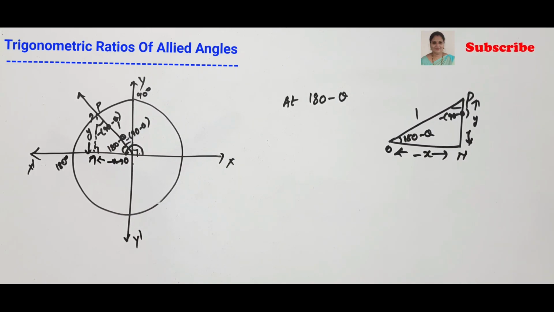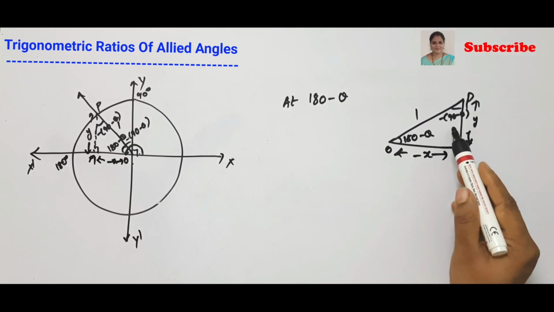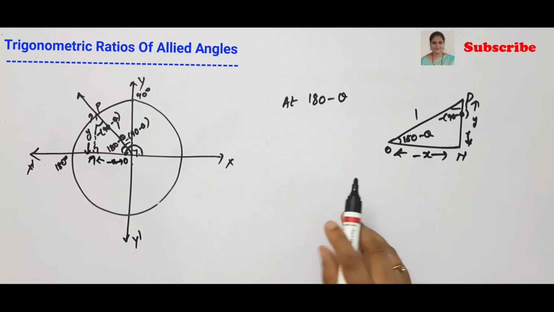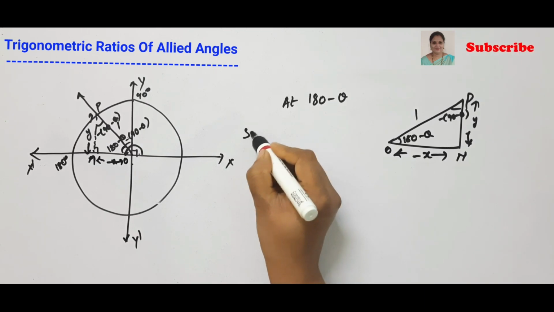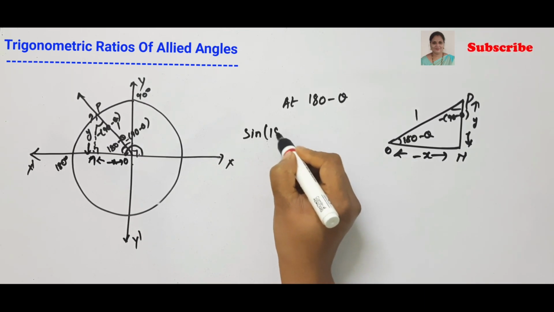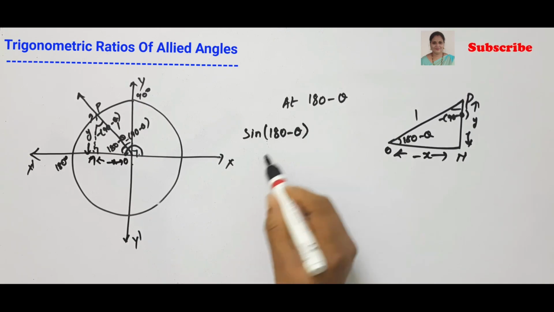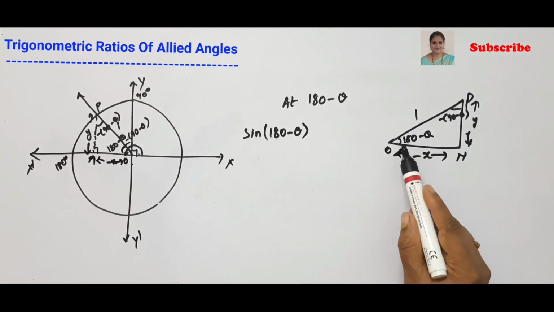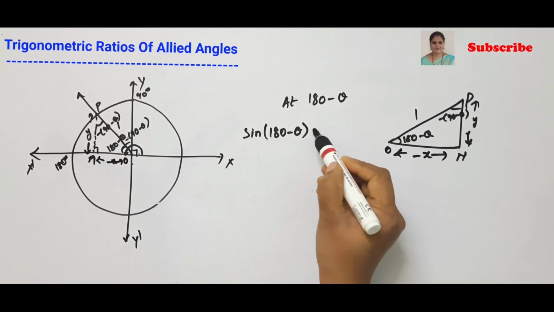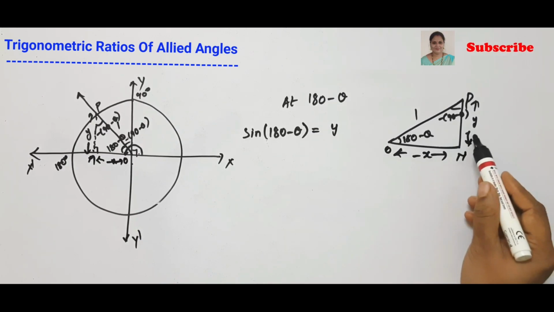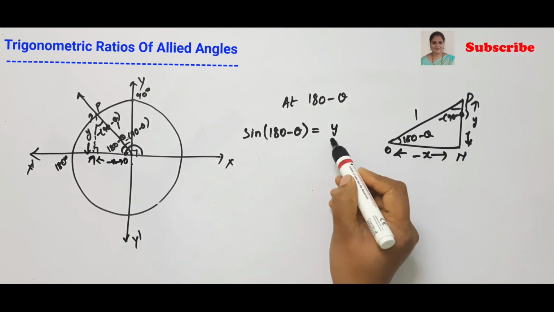Now let us calculate the sine and cos first, at 180 minus theta and minus of 90 minus theta. When we get sine and cos values, we can easily do the remaining trigonometric functions, is it not? So first let us calculate sine of 180 minus theta. It is the length of the side opposite to angle 180 minus theta, which is y. So opposite side by hypotenuse, hypotenuse is 1.